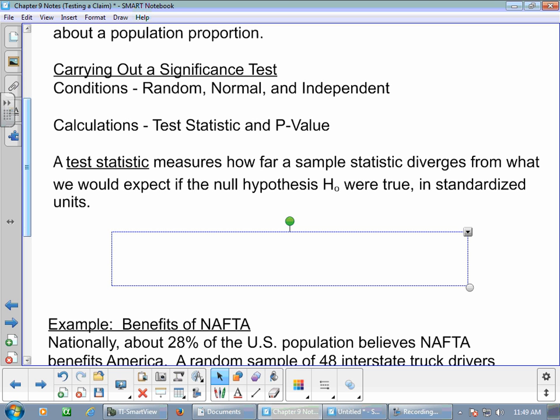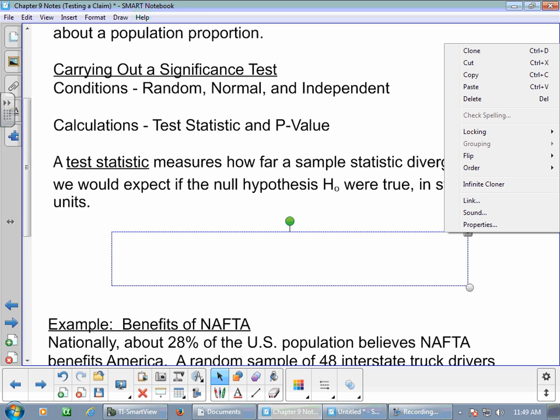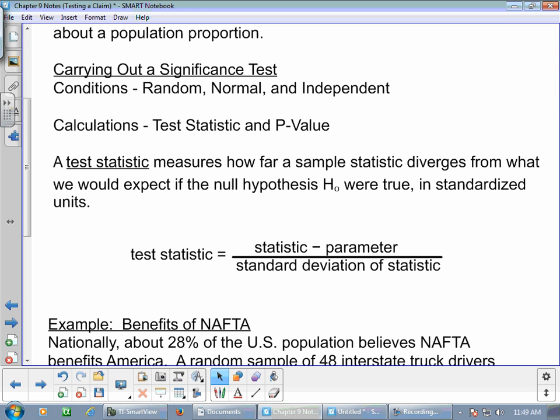All right, and how do we calculate a test statistic then? This should not be a surprise. The test statistic is the statistic minus the parameter, divided by the standard deviation of the statistic.